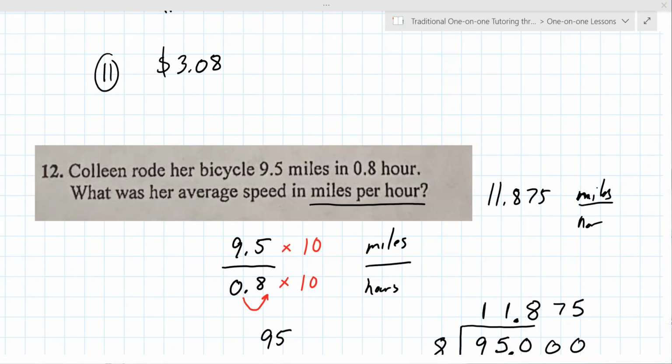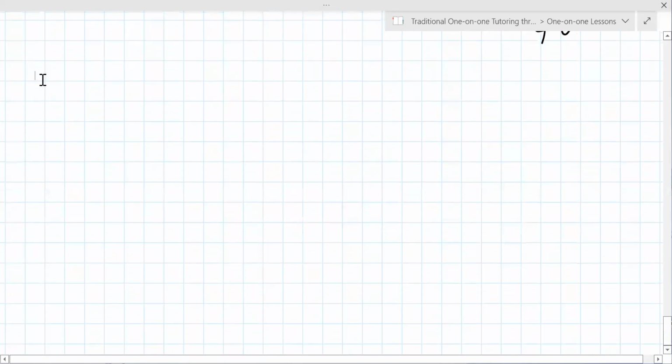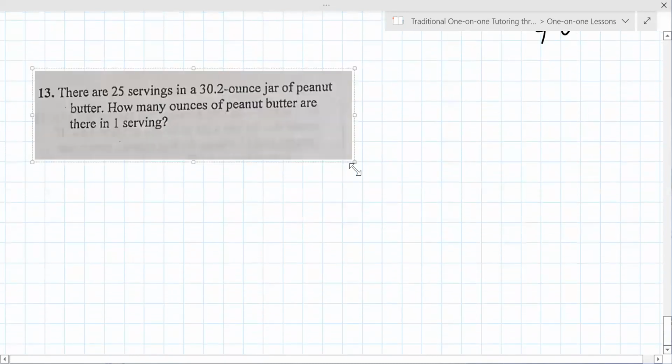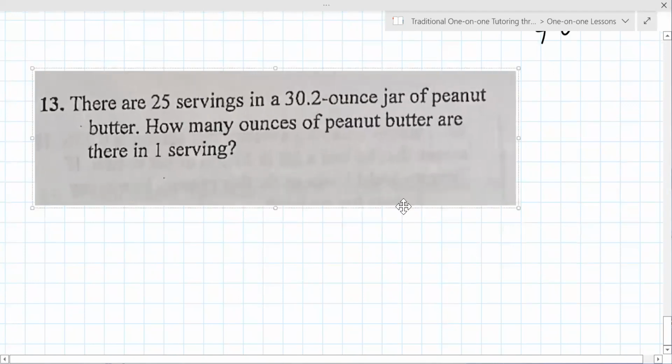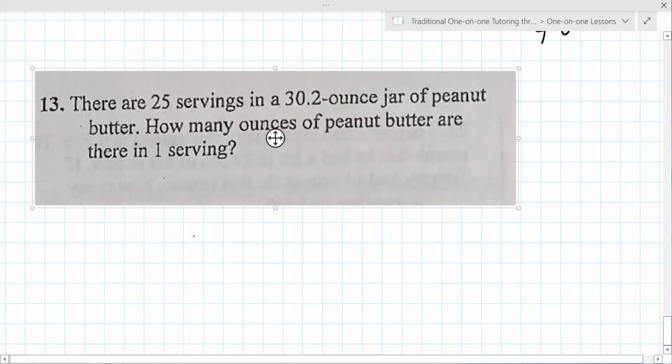Okay, so let's move on to number 13. It says there are 25 servings in a 30.2 ounce jar of peanut butter. So this is kind of one of those ratio problems again.